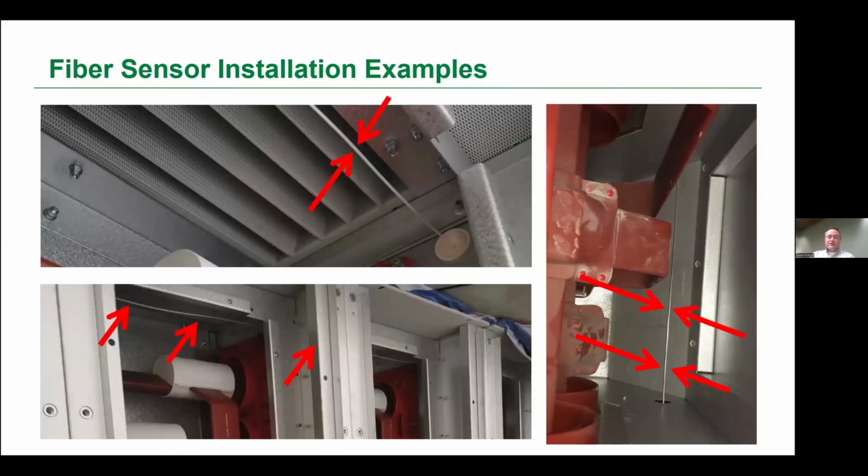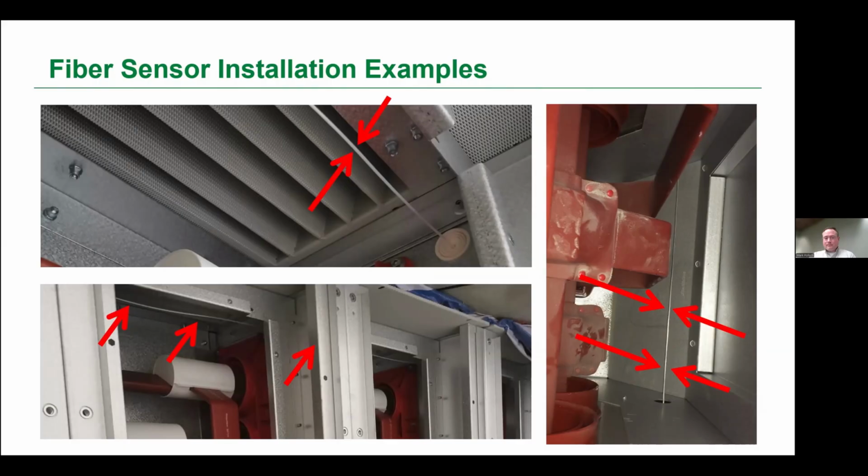And here are another few examples of a fiber sensor. Here you can see the fiber can be brought through multiple sections of the equipment and allows you to cover quite a bit of distance with one sensor. A common question is, how do we bring that fiber properly from one cabinet to the next, or one section to the next?